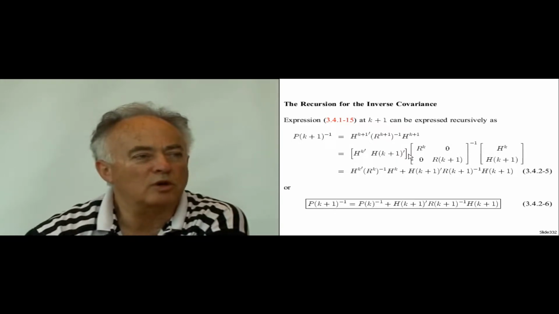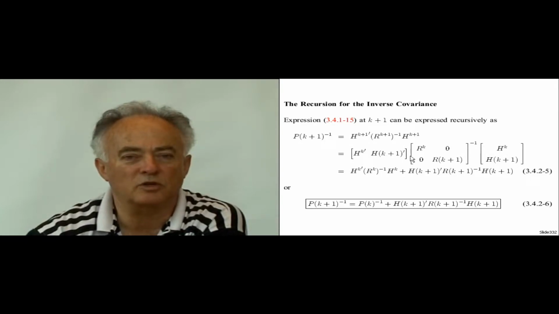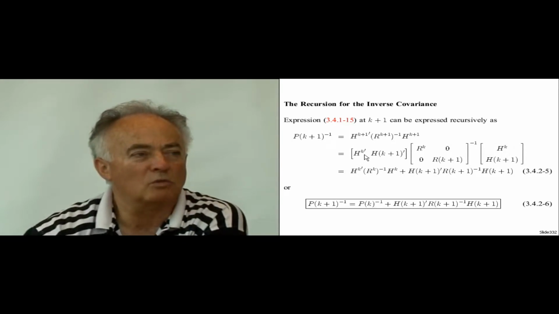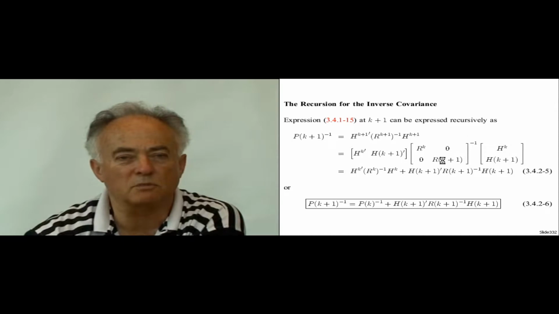Now, we can look at this as a quadratic form, as if each of these blocks was a scalar and carry out the multiplications as long as we don't change the order, because each is really a matrix block. So we have a 1-1 term in this matrix to be inverted, and a 2-2 term. That's a very easy inversion because it's a block diagonal.